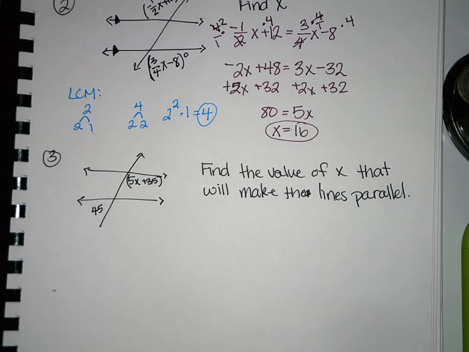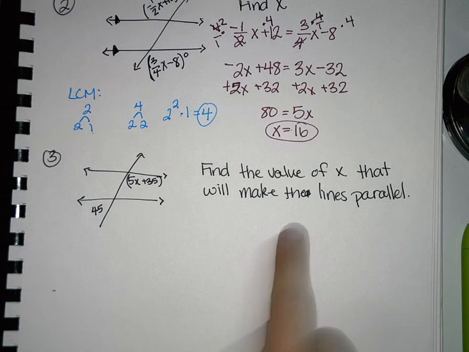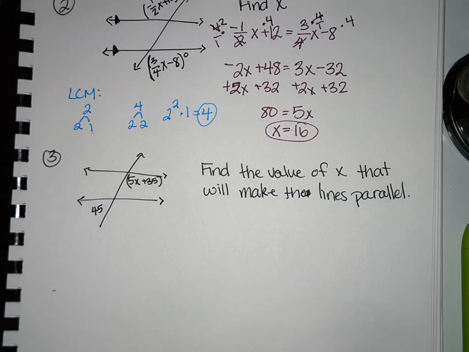So to make these parallel, we have to make sure that vertical angles are equal, because then that will make them parallel. So even though the directions are different, we go about solving it the exact same way. When you see that change in the directions, it's not going to change how you do it. It's just changing what it means.